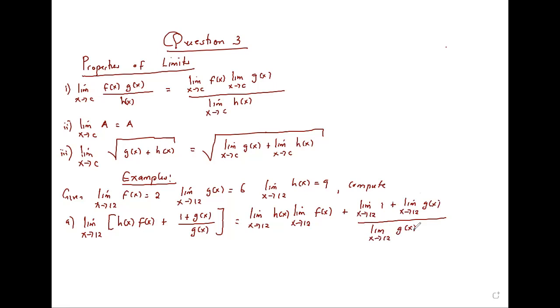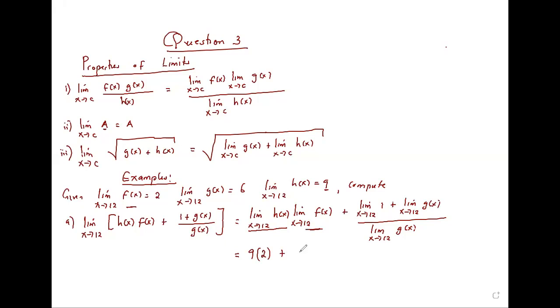Then this is equal to, let's substitute. So the limit as x goes to 12 of h of x is given here as 9. So you put 9 there, multiplied by f of x is given here as 2. So we put 2 plus the limit as x goes to 12 of a constant is a.